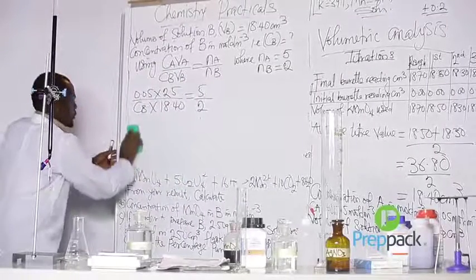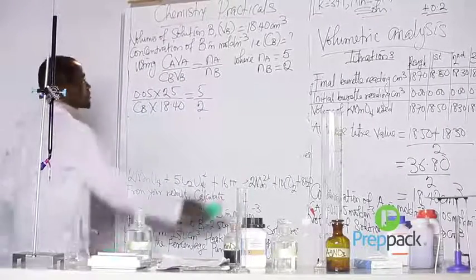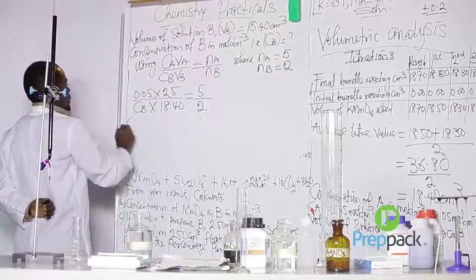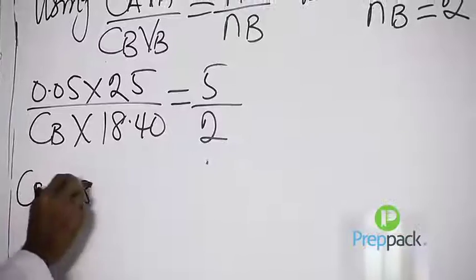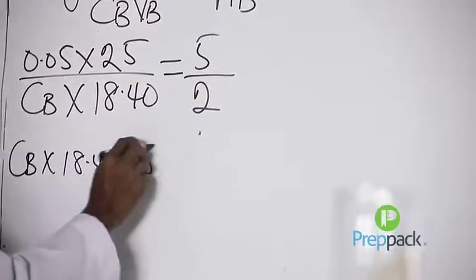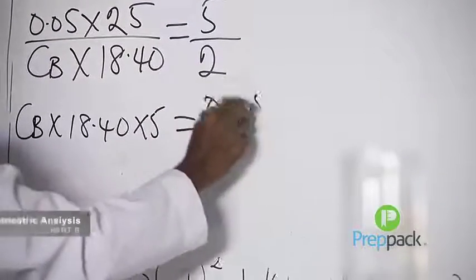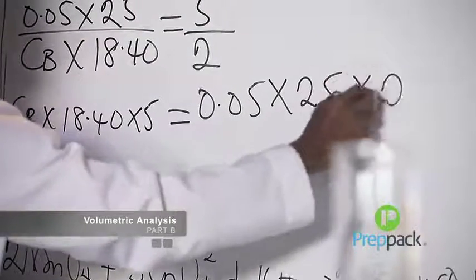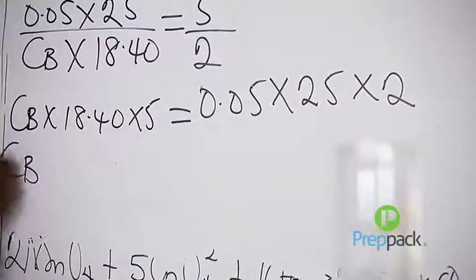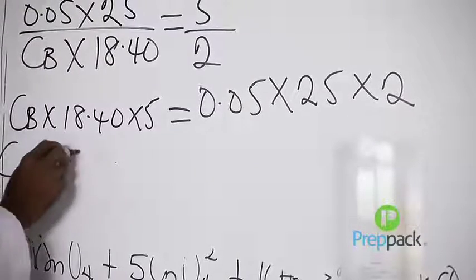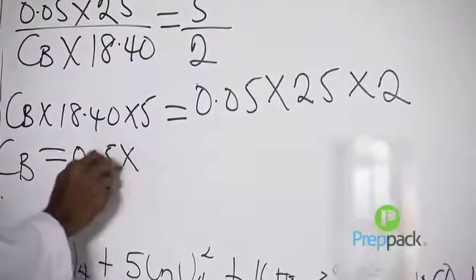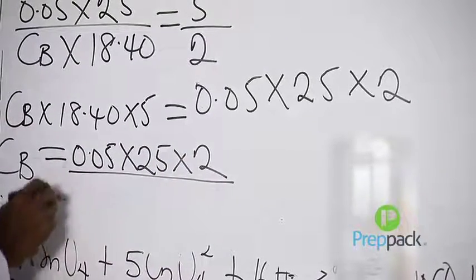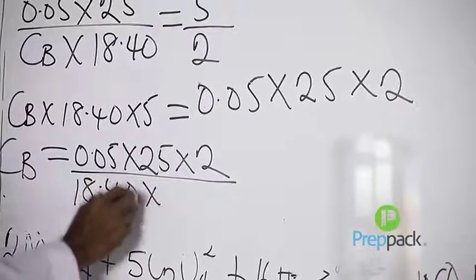Making Cb the subject of the formula, Cb multiplied by 18.40 multiplied by 5 equal to 0.05 multiplied by 25 multiplied by 2. So our Cb, which is the concentration of B, becomes 0.05 multiplied by 25 multiplied by 2 over 18.40 multiplied by 5.